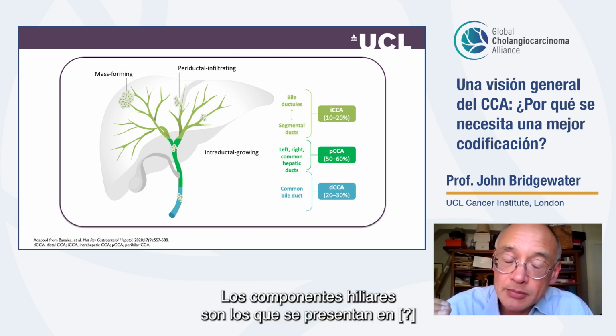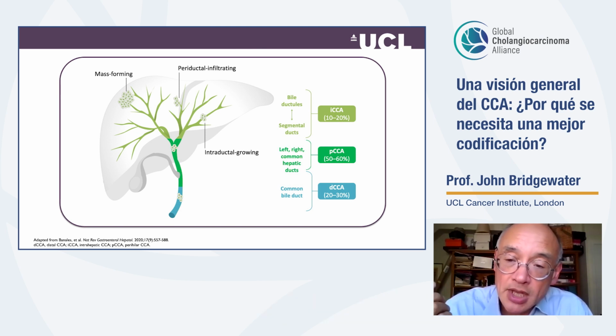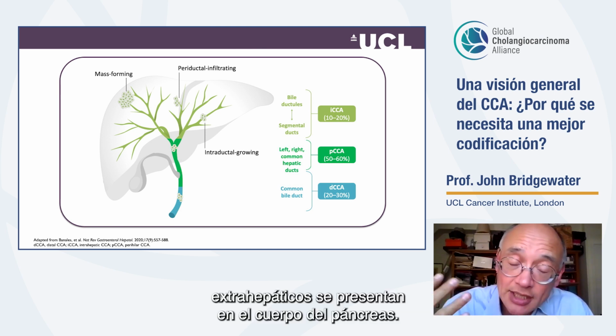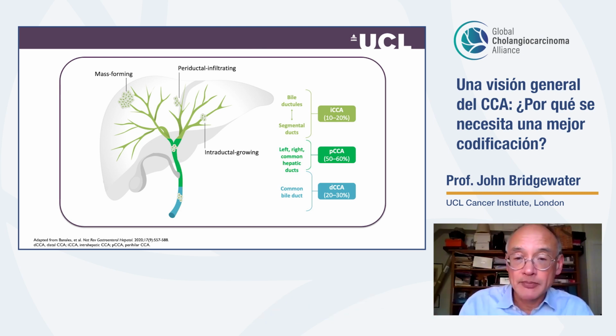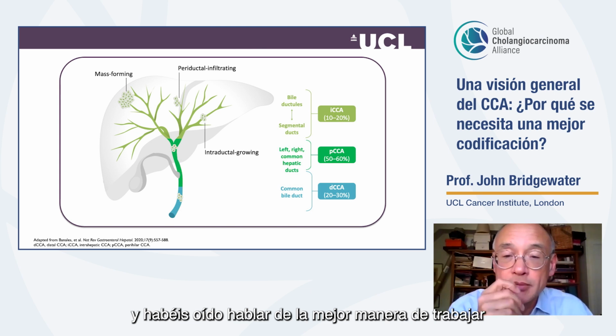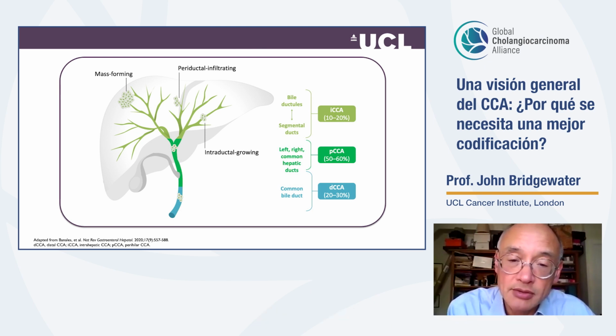The hilar components are those that arise primarily at the junction of the main bile ducts as they leave the liver. That's the hilum. And then the distal cholangiocarcinomas, or otherwise the extrahepatic cholangiocarcinomas, arise in the body of the pancreas. So those are the anatomical differences, and you've heard how best to work with those on the latest ICD codes.